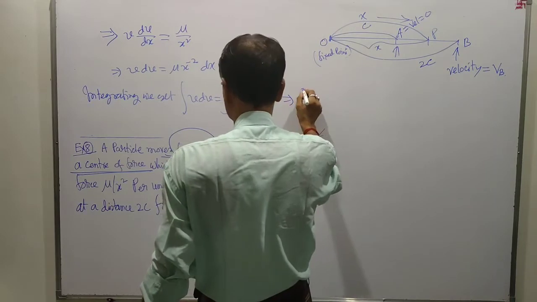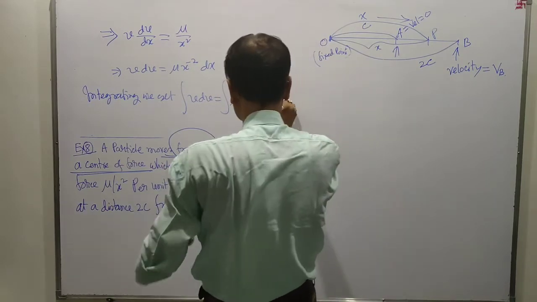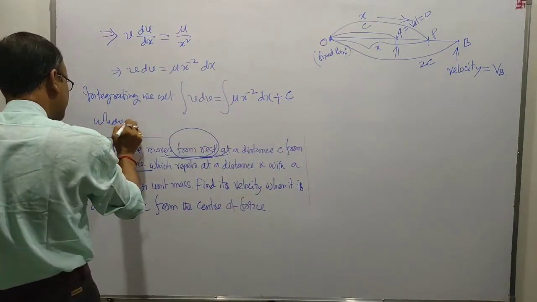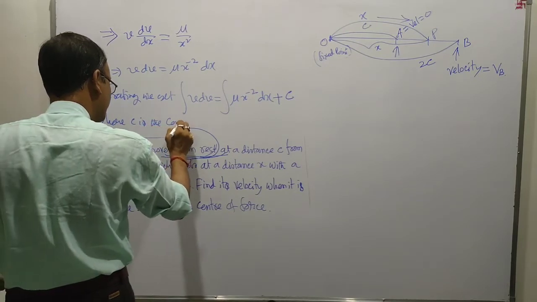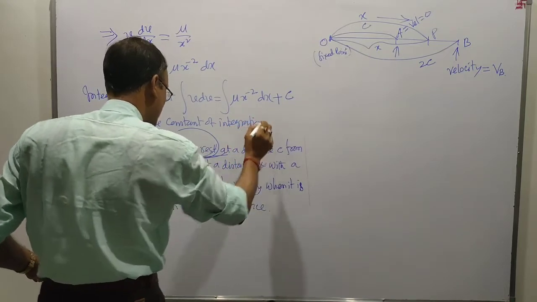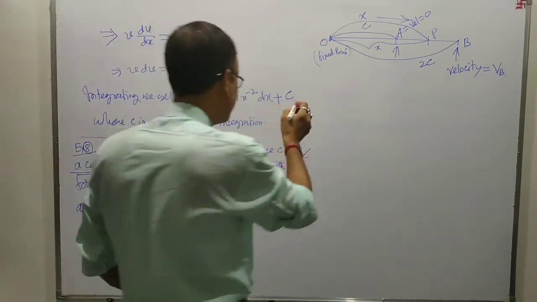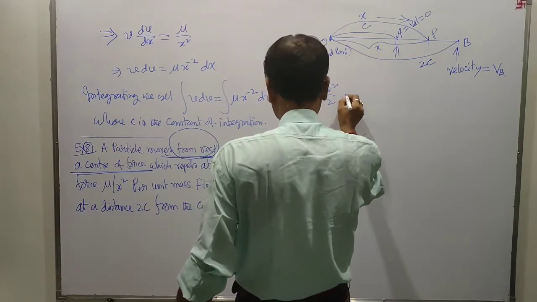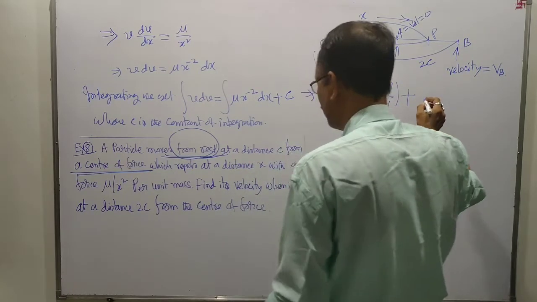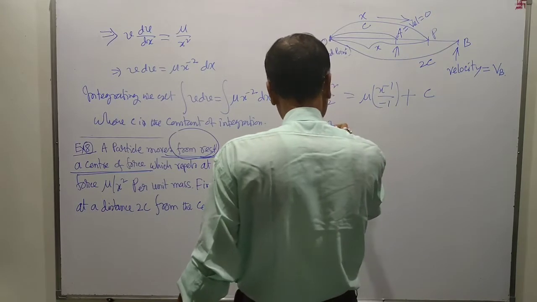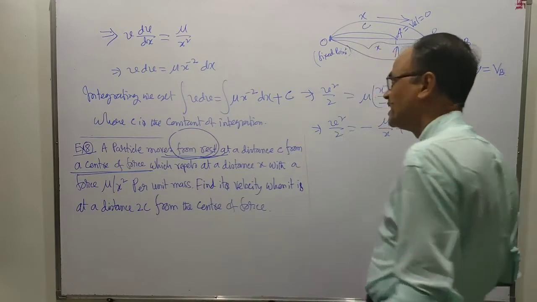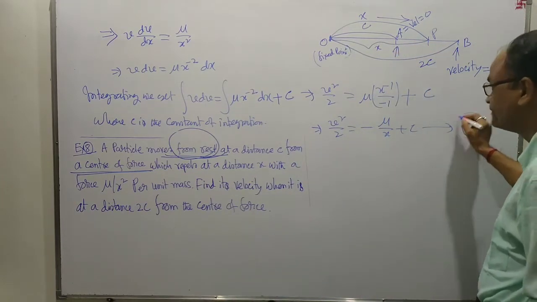This means v square by 2 plus the constant of integration, where c is the constant of integration. This means v square divided by 2 equal to mu x to the power minus 1 by minus 1 plus c. So v square by 2 equal to minus mu by x plus c. Suppose this is number 1.